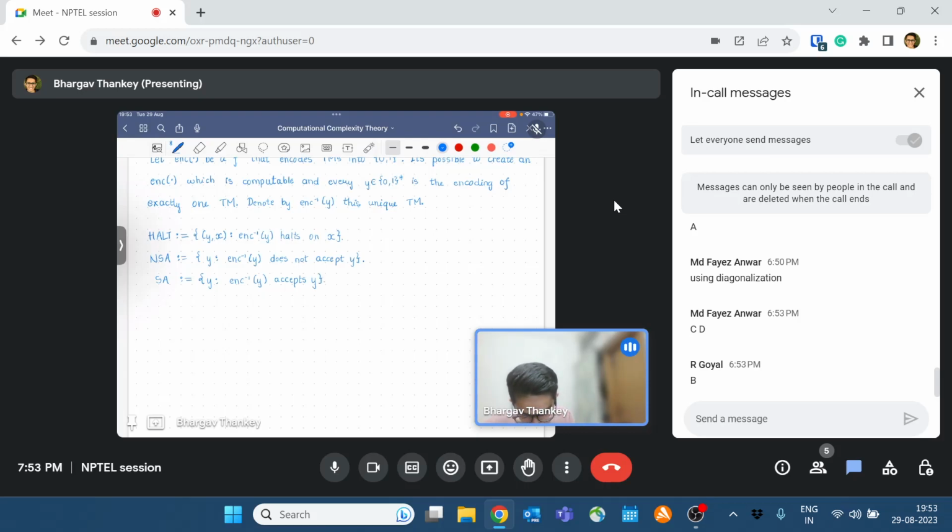So now observe that self-accepting is just... Let me write it like this because I haven't defined what a universal set is over here. So this symbol means a disjoint union. Two sets are disjoint and I am taking the union.